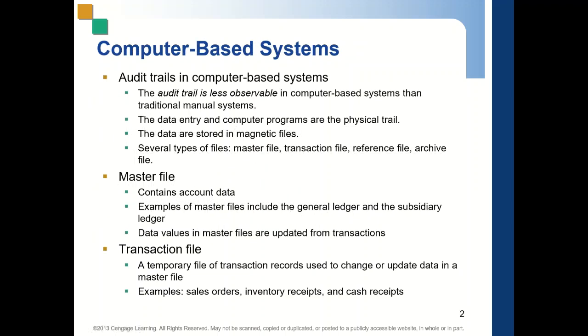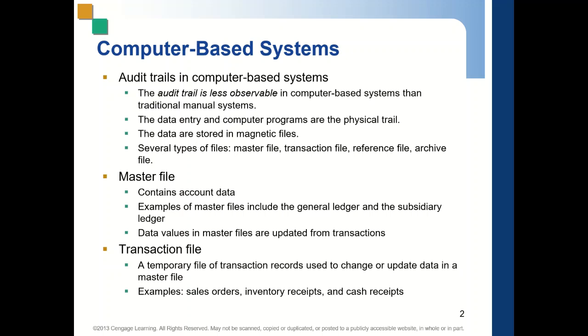Now, we have talked about the necessity of this thing called an audit trail, but we're talking about it in the context of manual paper-based systems. But of course, even when we take our manual system and computerize it, and we are now running computer-based systems, it is still important that we are able to account for every little thing.